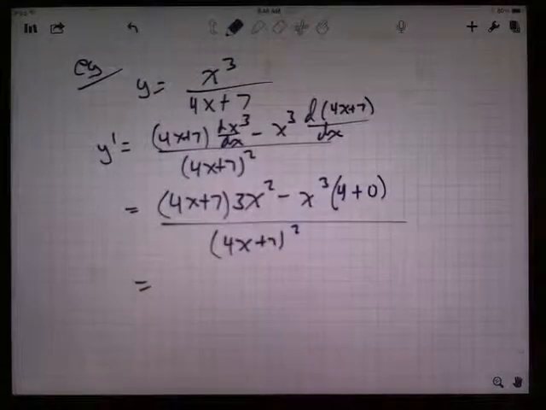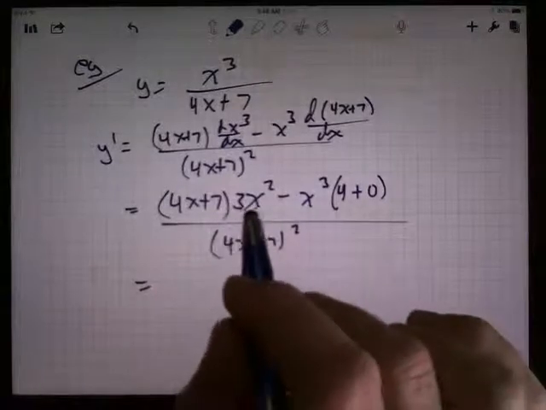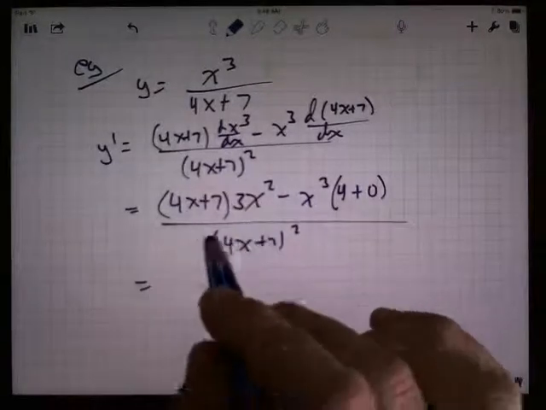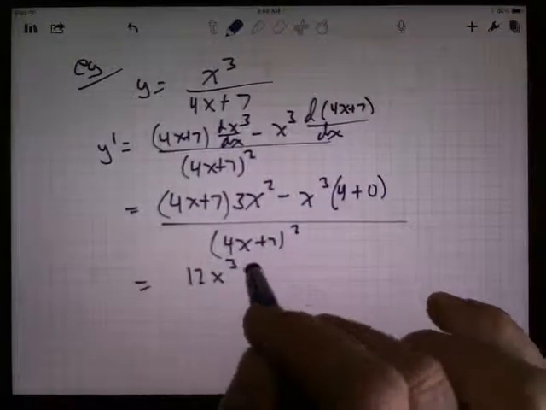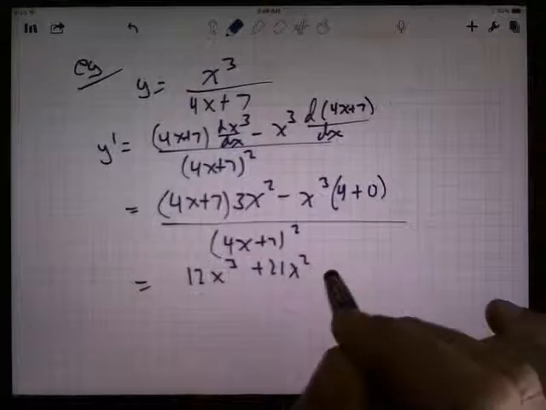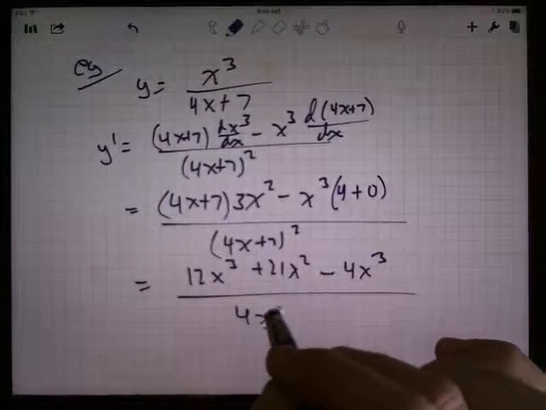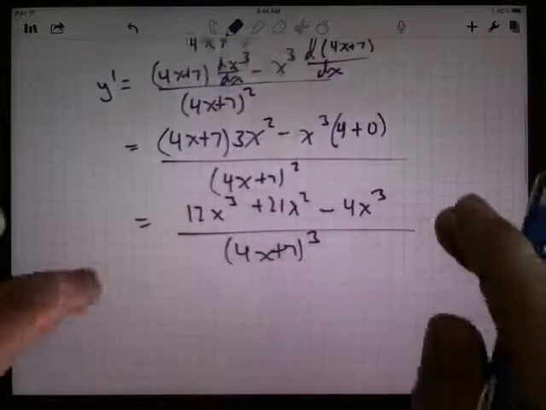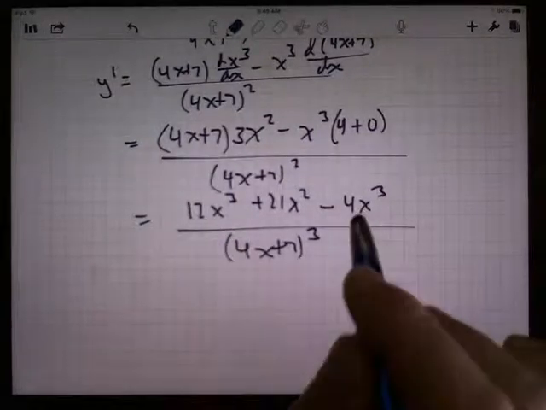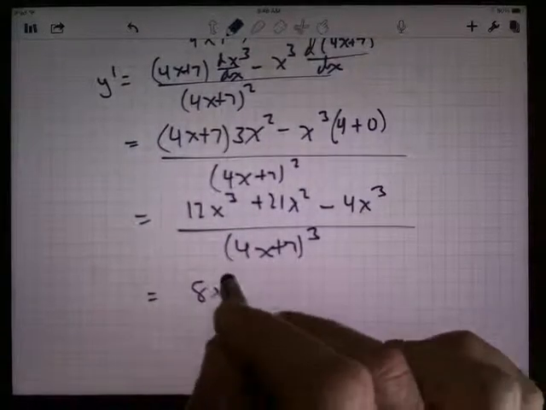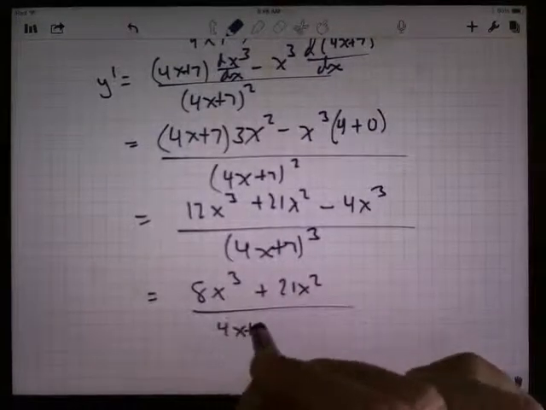Right? So anyway, at this stage, we're done taking the derivative. Anything we do now is sort of cosmetic. It's algebra, but I do see some things that are going to combine at least. So I'm going to do the algebra here. I've got 12x cubed plus 21x squared, and then there's a minus 4x cubed there, and I still have a 4x plus 7 cubed on the bottom, and so I see some cubes get together there. So I get 12x cubed minus 4x cubed is 8x cubed plus 21x squared, all divided by the 4x plus 7 cubed.